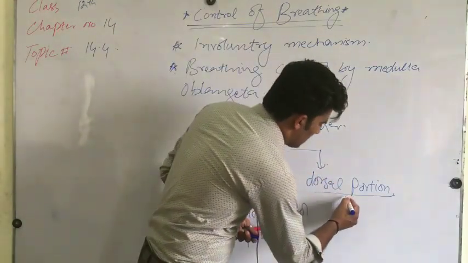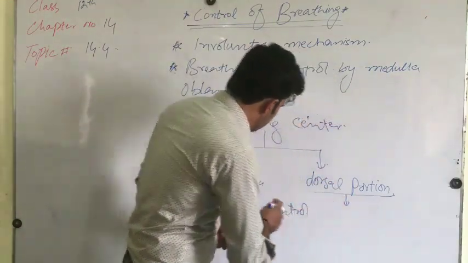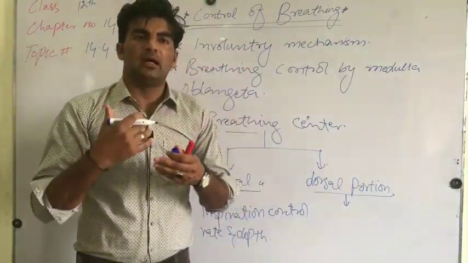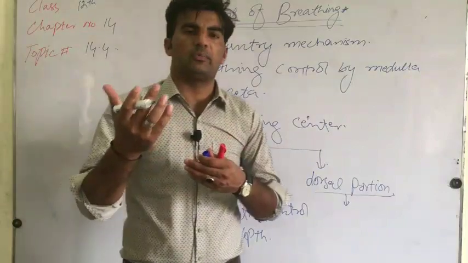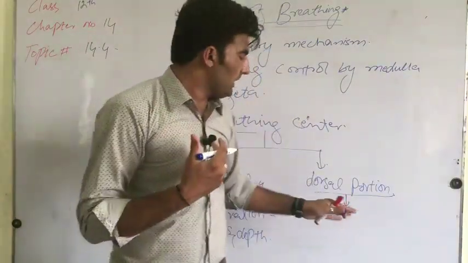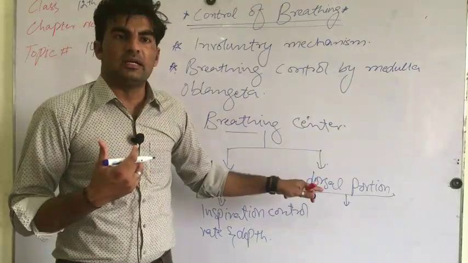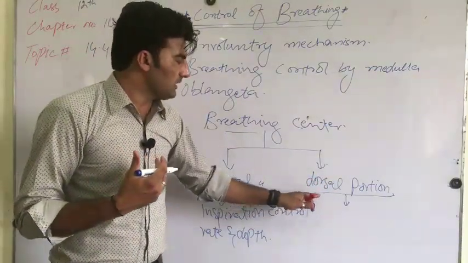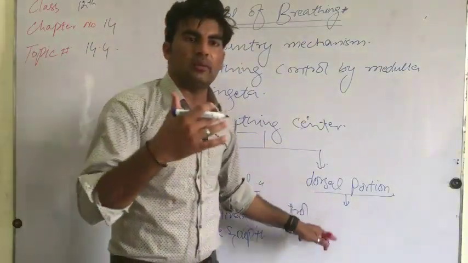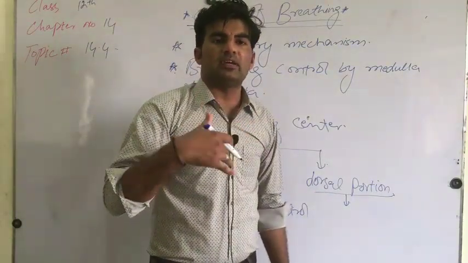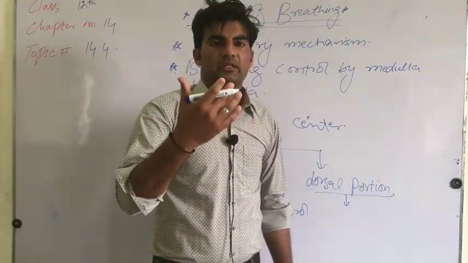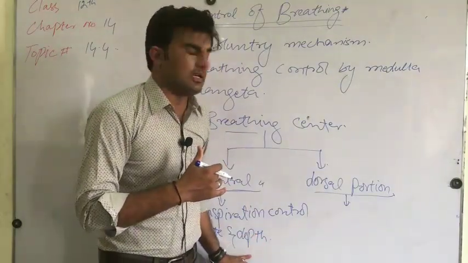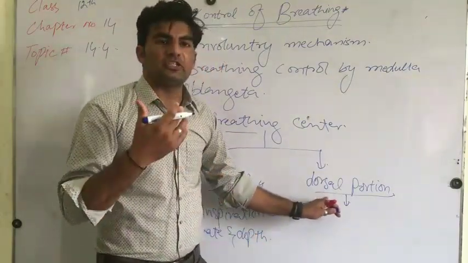The function of the dorsal portion is opposite to the ventral portion: it stops the inspiration process and starts expiration of the gases.